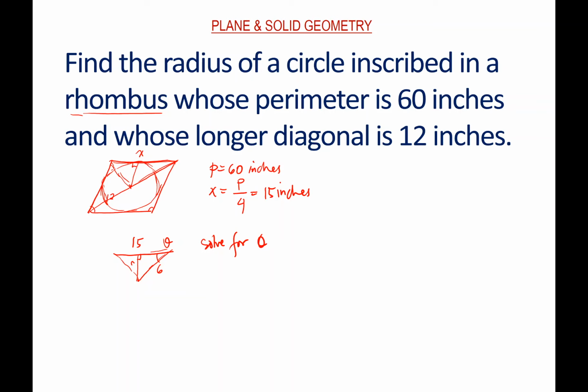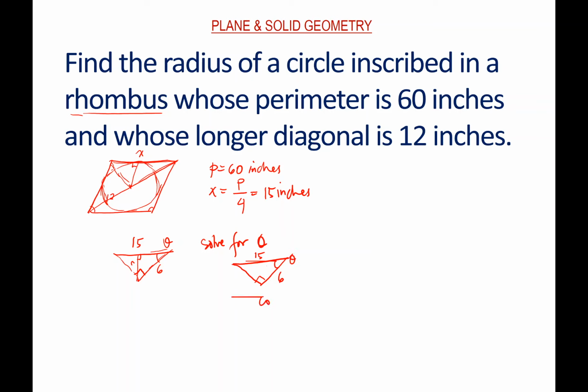I forgot to note that this is also perpendicular. So this triangle here is a right triangle because the diagonals are perpendicular to each other. So you have 15 and then you have 6. The angle here we can solve using cosine, because this is the hypotenuse.